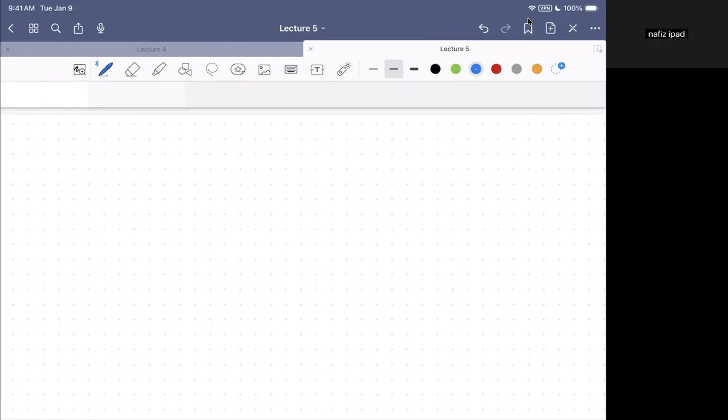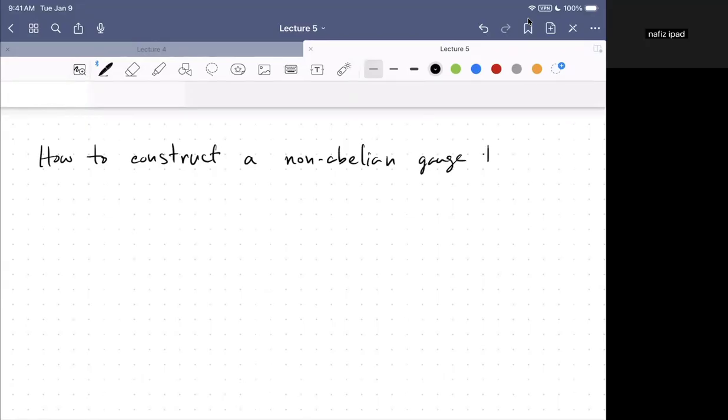So the main thing that we discussed in our last lecture was how to construct the action of a theory that has a non-abelian gauge symmetry. So how to construct a non-abelian gauge theory.